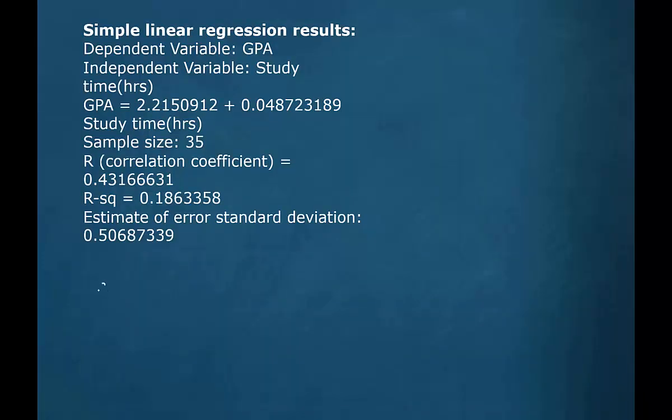We can see then that our relationship is the predicted GPA value we can find by going, and let's go to maybe 3 decimal places here, 2.215 plus 0.049 times the study time.